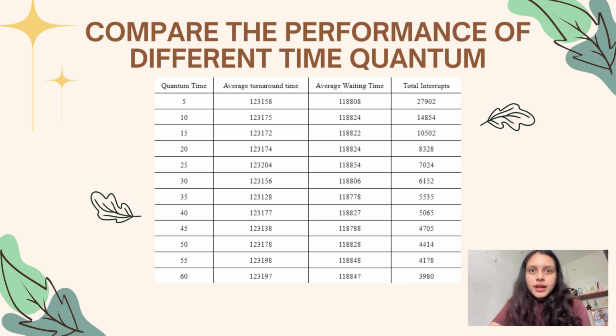Therefore, a quantum time of 40 might be a good choice for this workload if the goal is to minimize both turnaround time and waiting time while keeping the overhead reasonable.